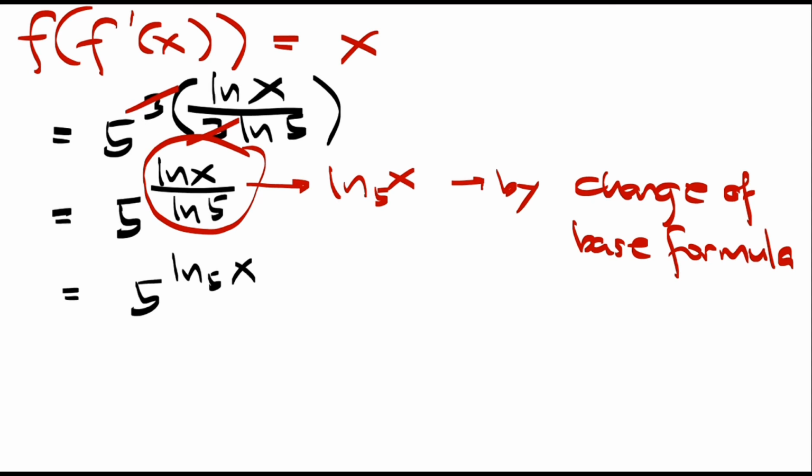And again, we have that property in logarithm that if you're given an exponential form whose exponent has a base same as the base of the original exponential form, the value of the whole exponential expression is simply equal to this number. In this case, that is equal to x.